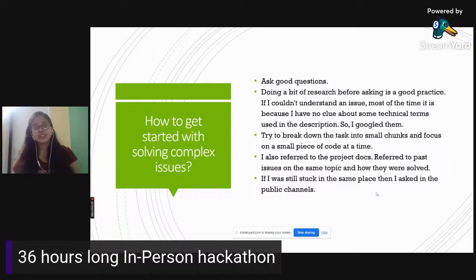If you send the PR, it will get rejected. So it's better that you first describe how you are thinking of making the changes, have a clear discussion, and then go ahead and make the changes. And also always refer to the project docs and the past issues on the same topic that were solved.